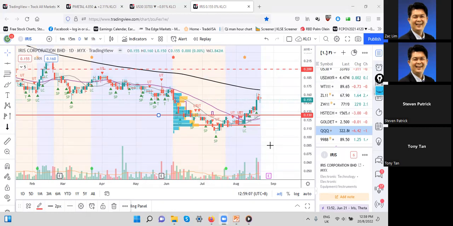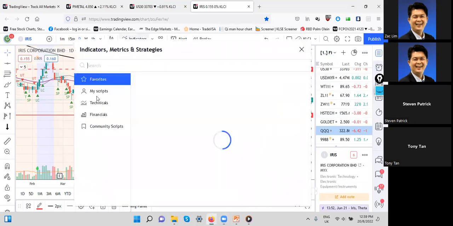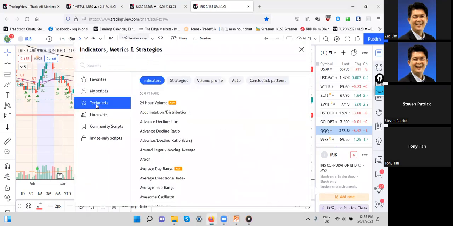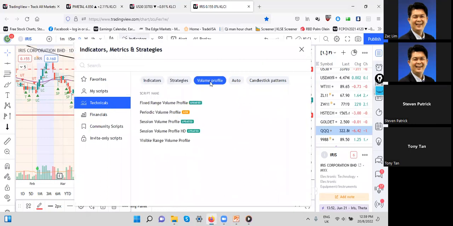Which volume profile are you indicating? With volume profile there is only one. You go to technical, then you have volume profile. I use this one, the theoretical, and also the fixed range volume profile. I use these two only.